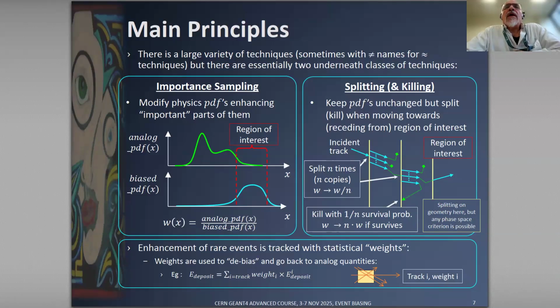And you let the simulation go. Then some of these copies will be absorbed inside the simulation, but some of them may be able to reach the next boundary. And then you restart the game. That is, you split again on this boundary, again dividing the weight of the tracks by n, and so on, up to the point that you reach the region of interest.